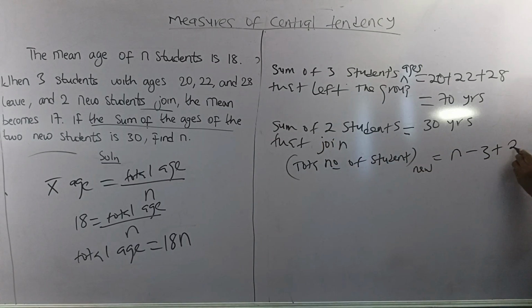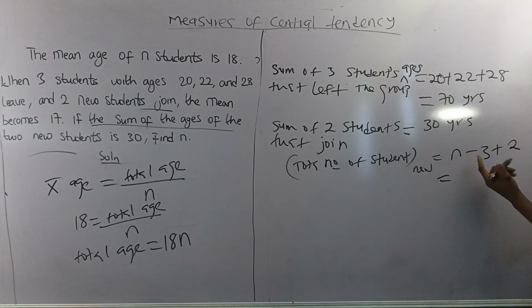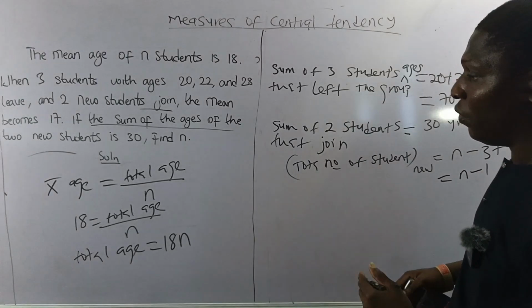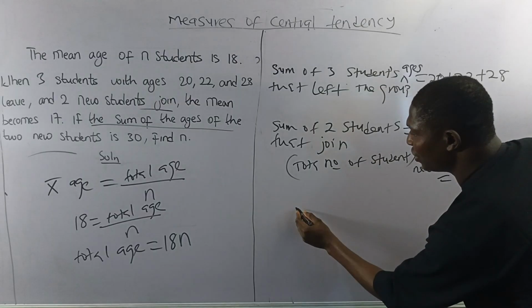So the total number of students for the new expression becomes n minus 3 plus 2, which gives me n minus 1. And we also look for the new total ages.